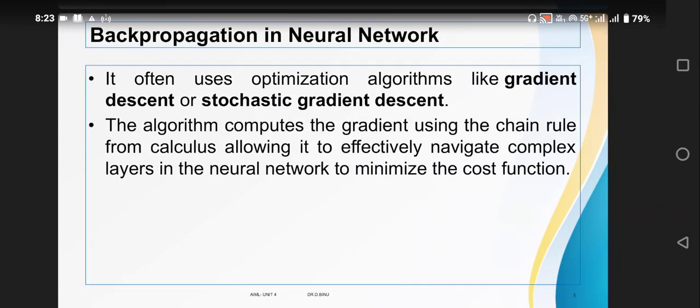Backpropagation often uses optimization algorithms like gradient descent and stochastic gradient descent. The algorithm computes the gradient using the chain rule from calculus, allowing it to effectively navigate complex layers in the neural network to minimize the cost function.